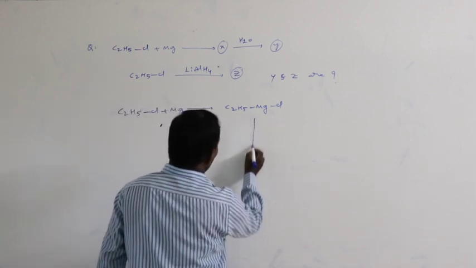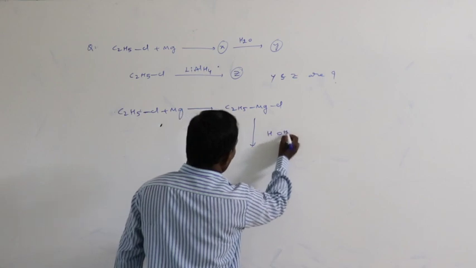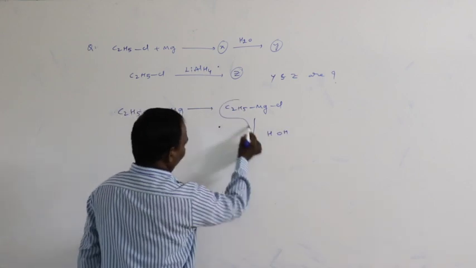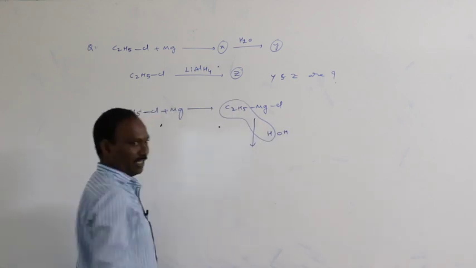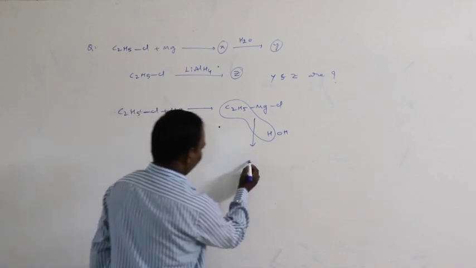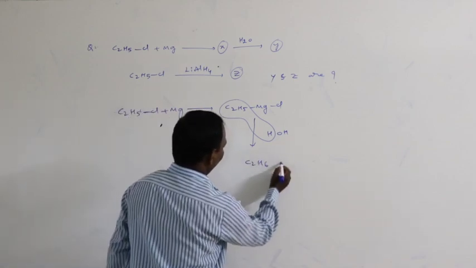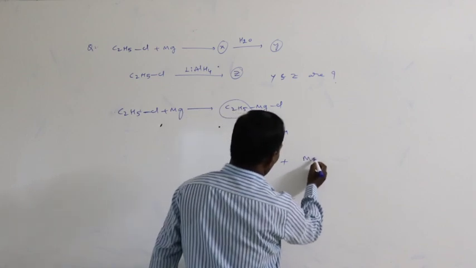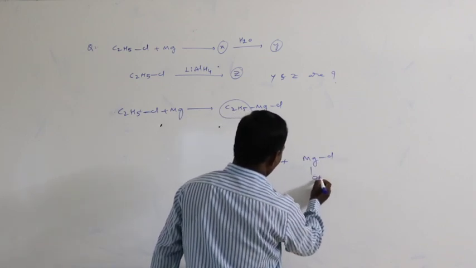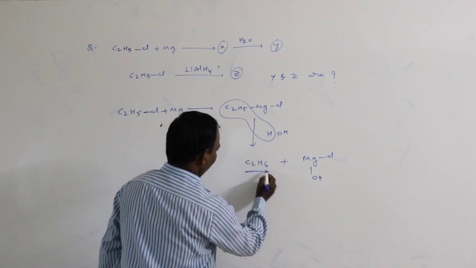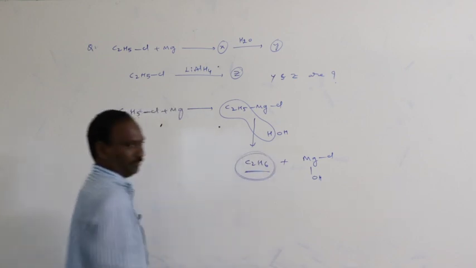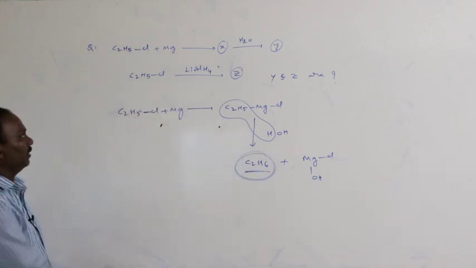Now this ethyl magnesium chloride on hydrolysis, an active hydrogen containing compound added to the Grignard reagent, becomes ethane, C2H6. The byproduct is MgClOH. So the compound is ethane, C2H6.